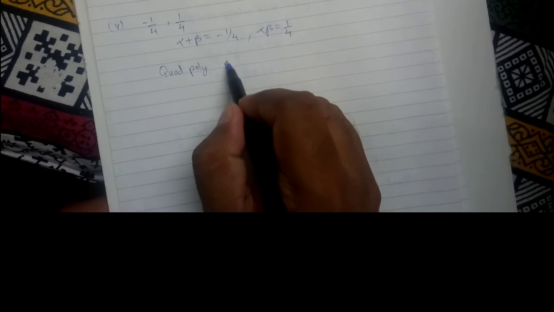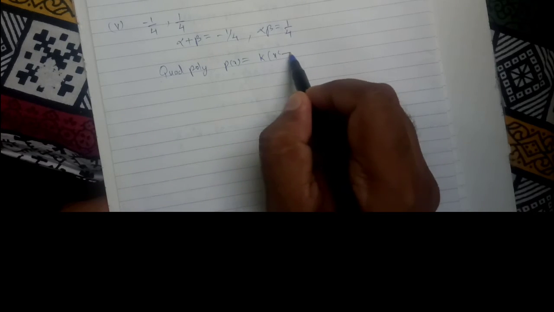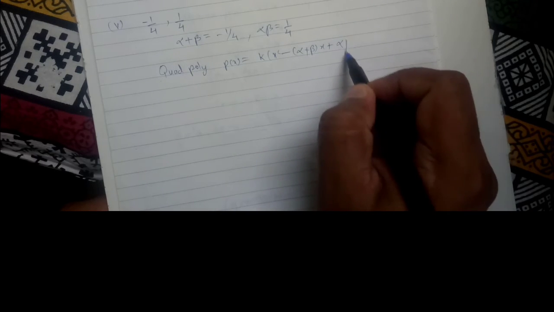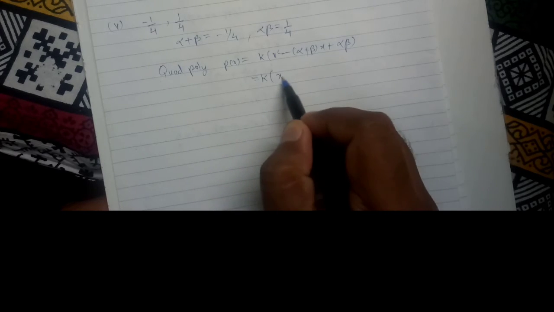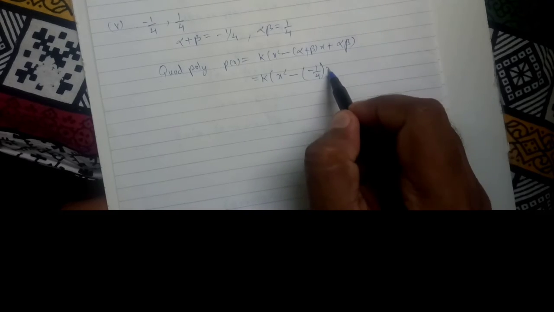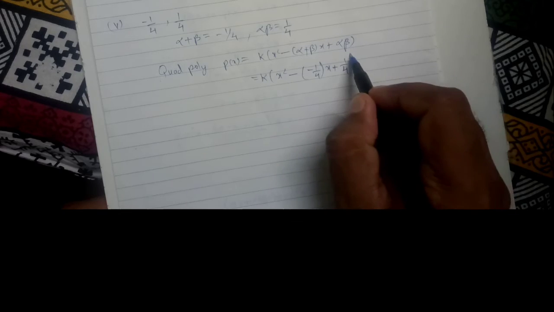Your quadratic polynomial will be p of x is equal to k into x square minus alpha plus beta into x plus alpha into beta. Substitute the value of alpha plus beta: k as it is, x square as it is, minus of minus 1 by 4, plus alpha into beta, which is 1 by 4.